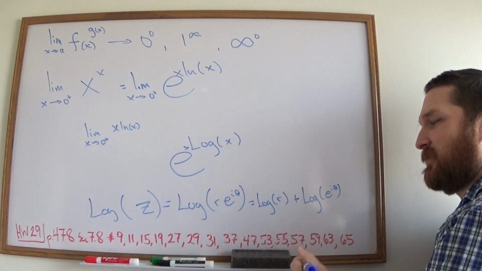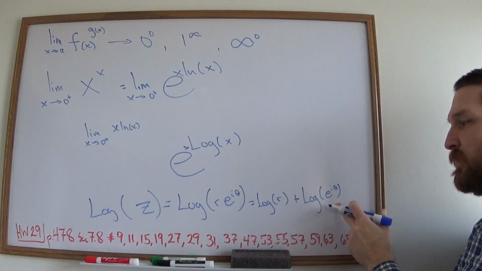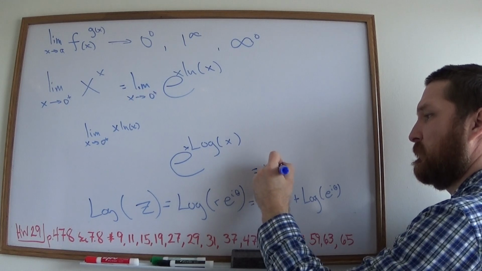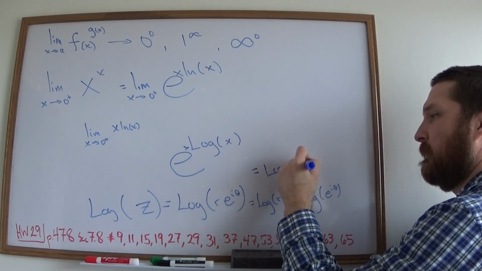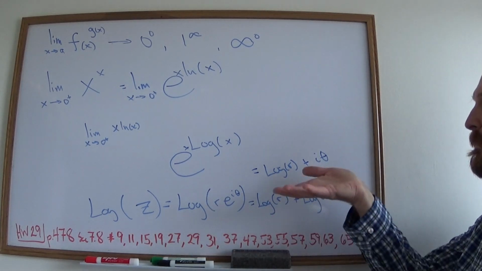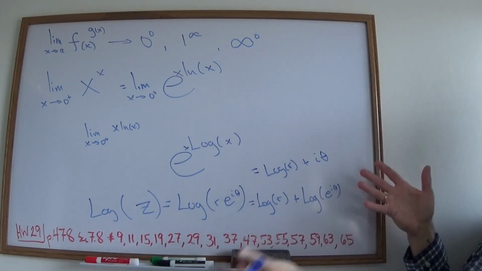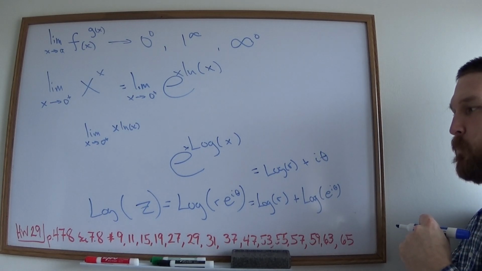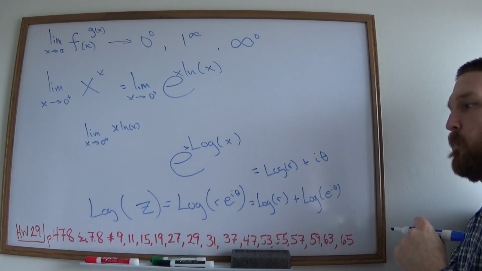The i theta just comes out because this is the undo of e. We undo e to the stuff, and this works out to be plain old log of r plus i theta. So an i pops out, and now you have a complex number. The complex log works the same as the natural log unless it's negative numbers.